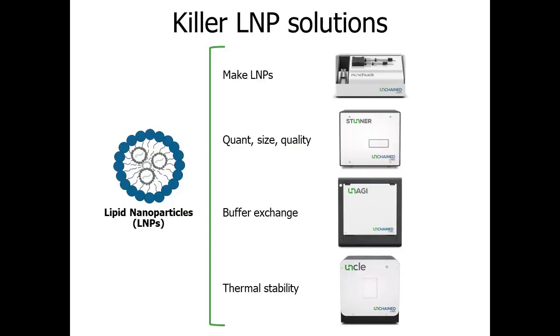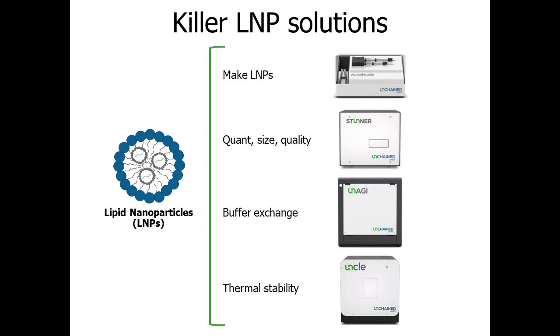But that's not all. Unchained Labs provides killer LNP solutions. Nunchuck makes LNPs with the ultimate control to get quick, reproducible, size-tunable assembly of nano-sized particles to increase process control and decrease both amounts of costly reagents and optimization time. Stunner lets you quickly answer the questions about size and quality of nanoparticles.